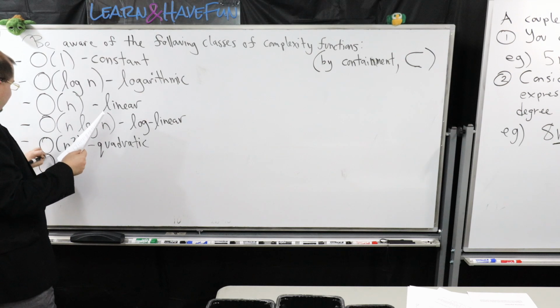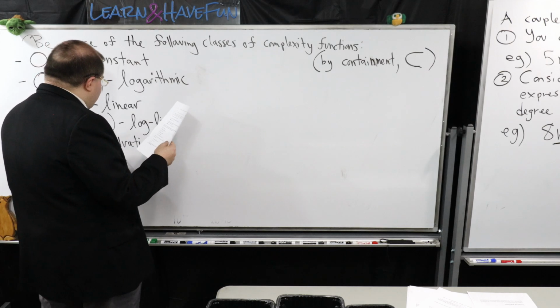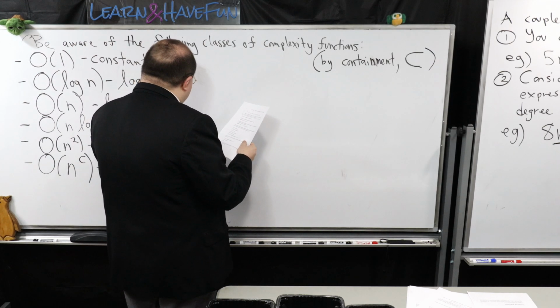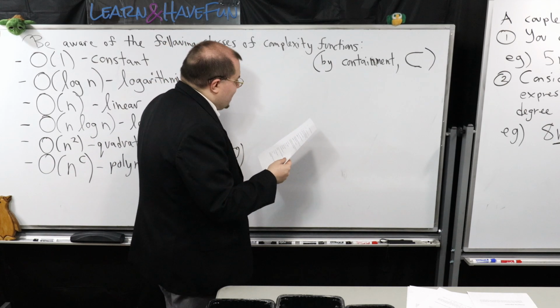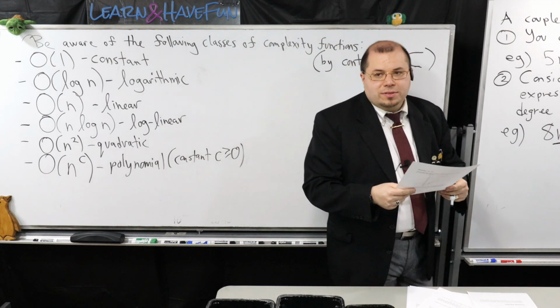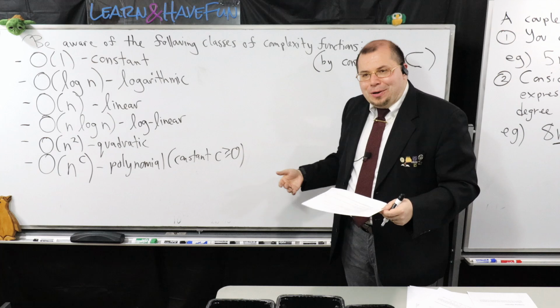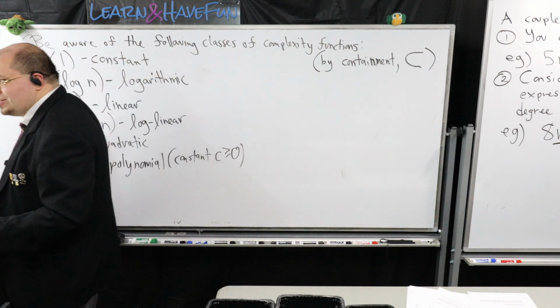Another thing, we also can have the idea of a polynomial, much more generally. Here, this is just some constant c greater or equal to 0. So for any one constant c greater or equal to 0, things like big O of n cubed are polynomial. Notice it's a big O here, by the way. It's an asymptotic upper bound.